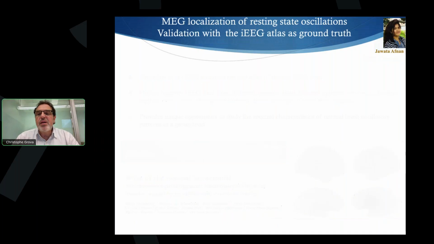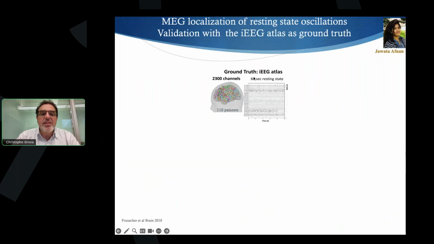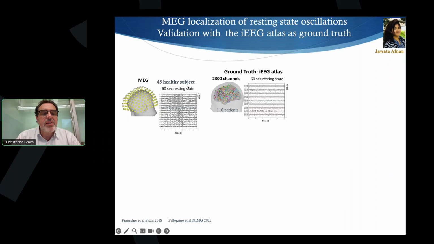So what we did with Jawata is we selected 60 seconds of eyes closed resting state from this ground truth SEEG atlas, so 2,300 channels from 100 patients. And then we selected 45 healthy subjects on which we recorded 60 seconds of resting state.